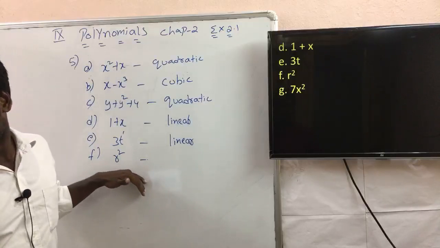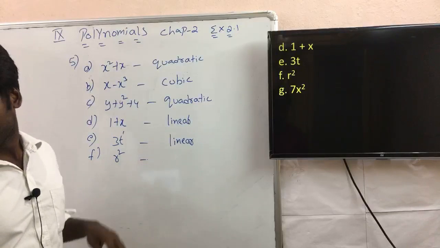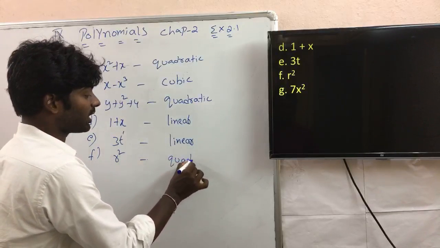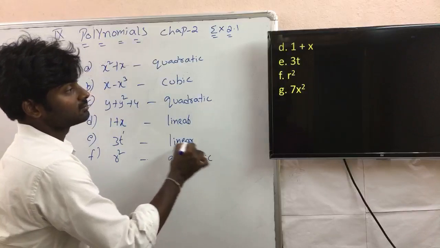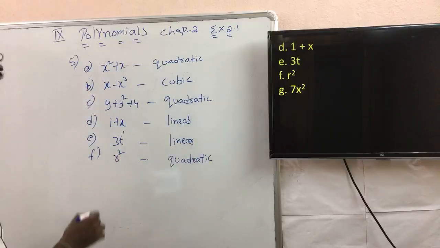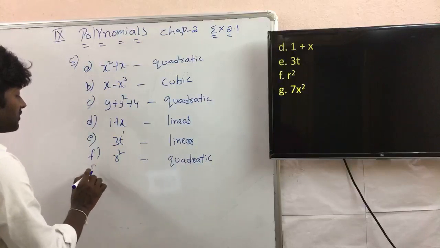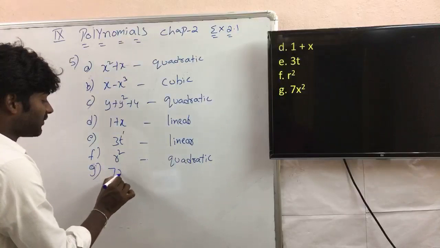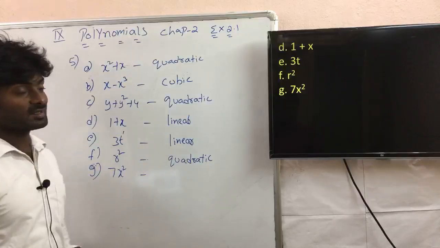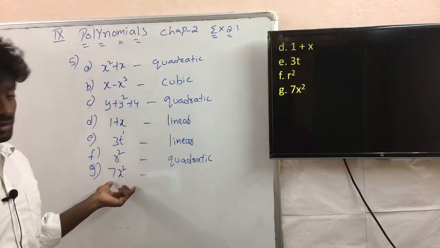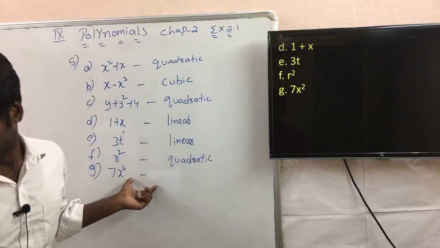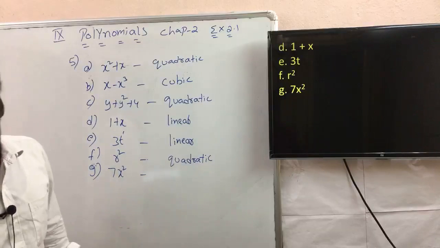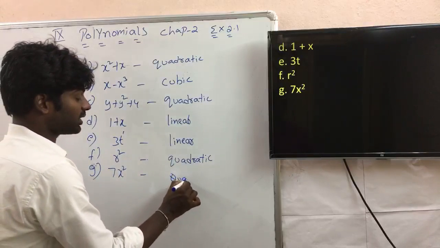It is quadratic because the degree is 2 here. Last sum in fifth one, 7x square. Yes, quadratic. It is quadratic.